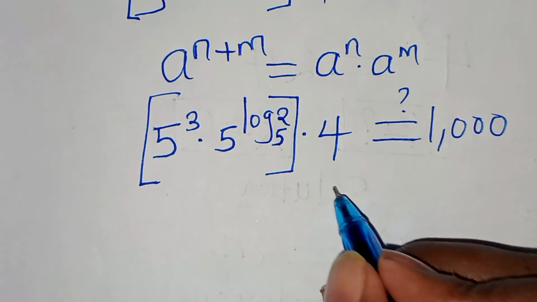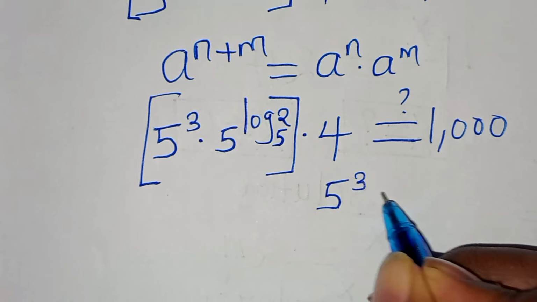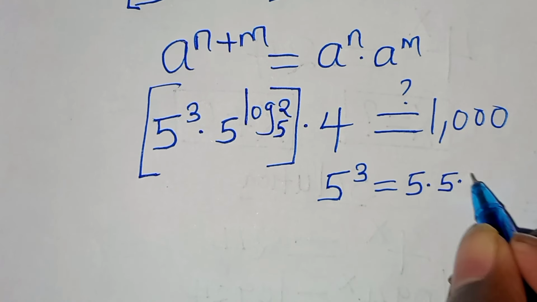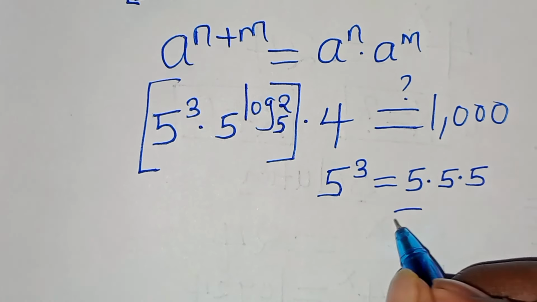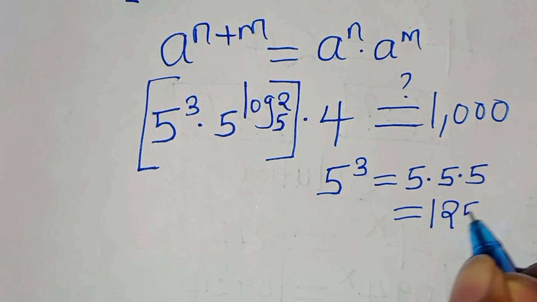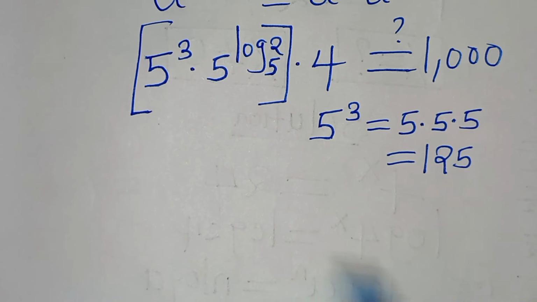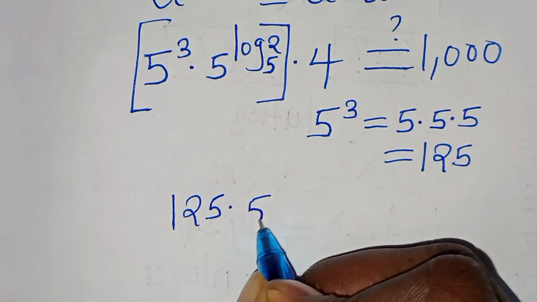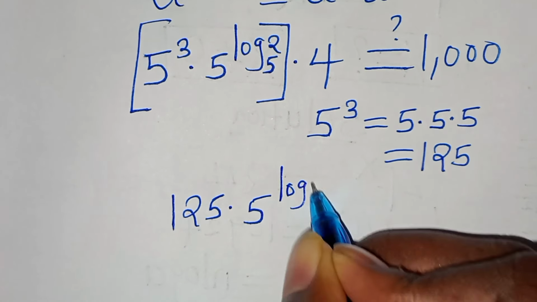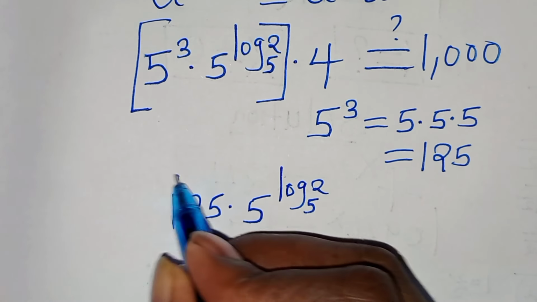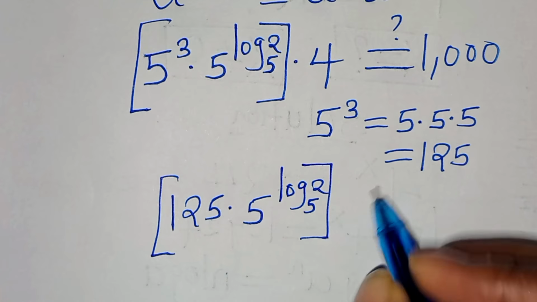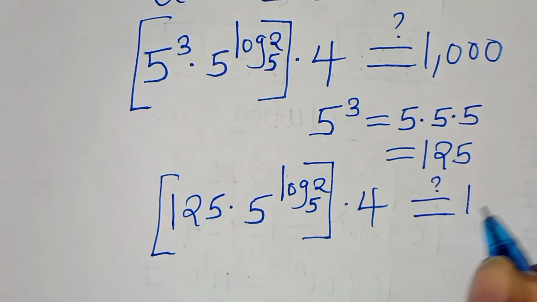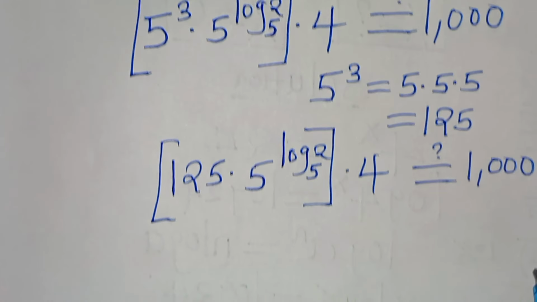So 5 to the power of 3 is the same thing as 5 multiplying by 5 multiplying by 5, and this is equal to 125. So we have here 125 multiplying by 5 to the power of log 2 to base 5, everything multiplying by 4. This is supposed to give us a value of 1000.